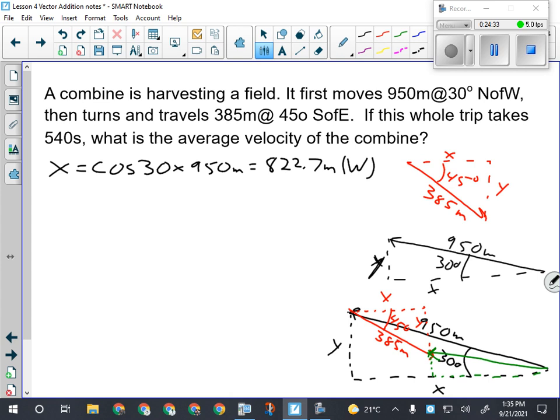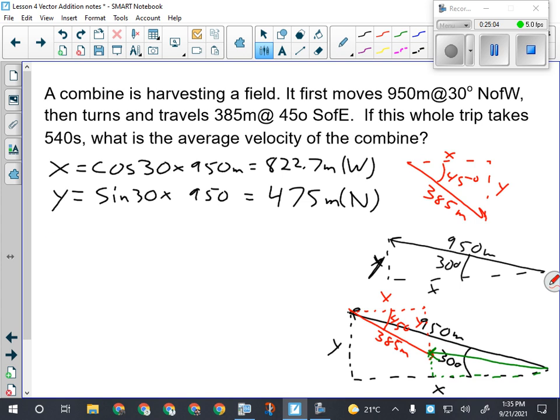All right, regardless of which one of these triangles I'm using, y is still the opposite side to that 30-degree angle. Okay, so that's going to be the sine of 30 times 950, which should be 475 meters north. Okay, everybody all right with that?